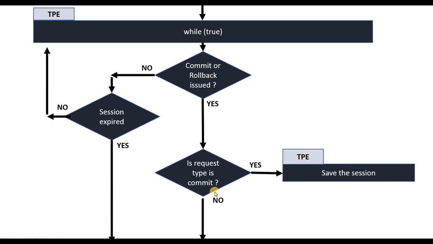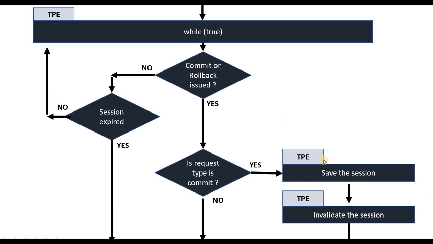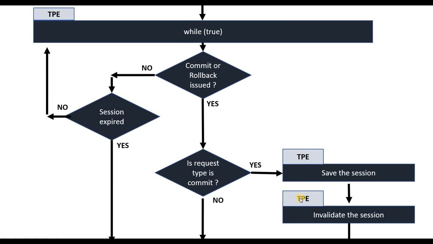If the request type is not commit, or if the session has expired, in both cases we will execute the rollback methodology. After saving the session, we simply invalidate the session and close. So after committing the transaction, the transaction processing engine will close the session and go to terminate. This arrow mark is for terminating the algorithm.